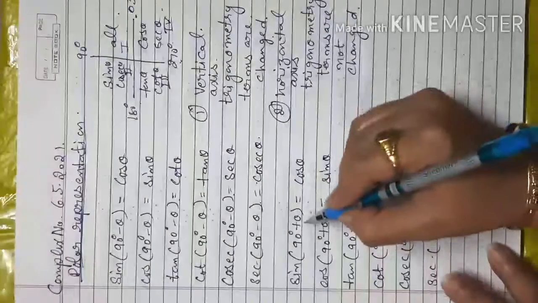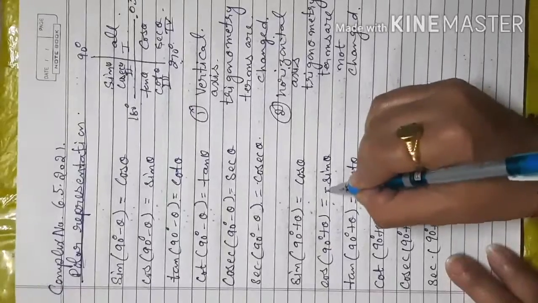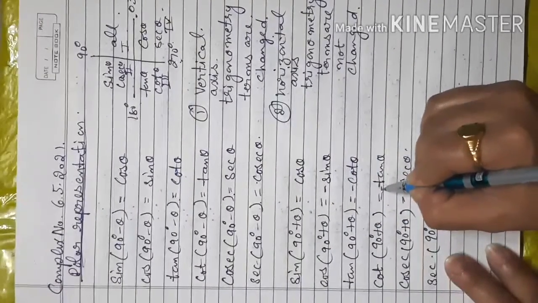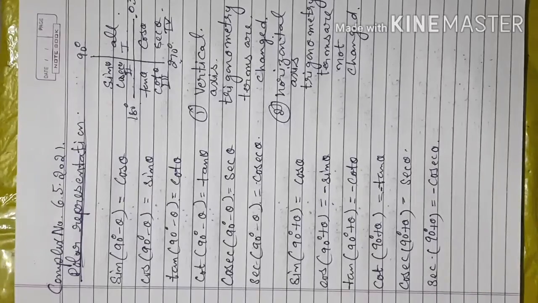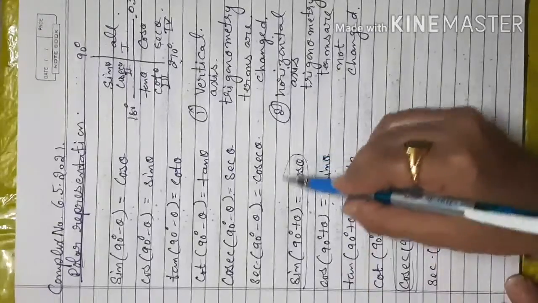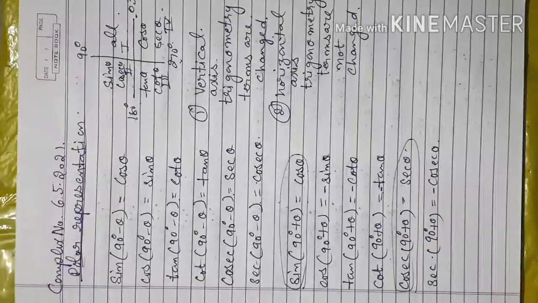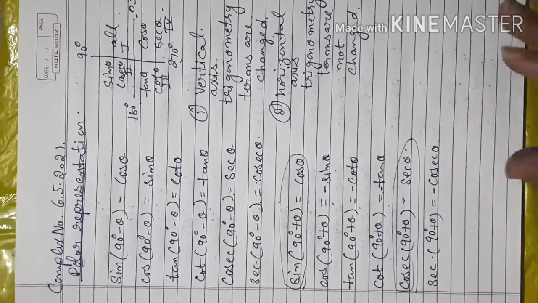But only the right side of sine theta and cosecant theta will be positive, and the right side of all the other trigonometric terms will be negative.